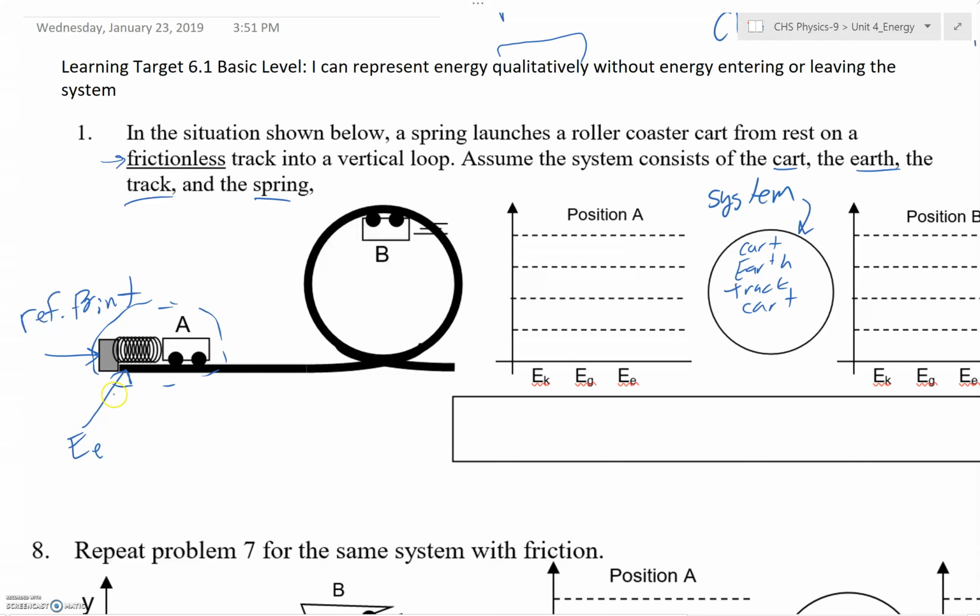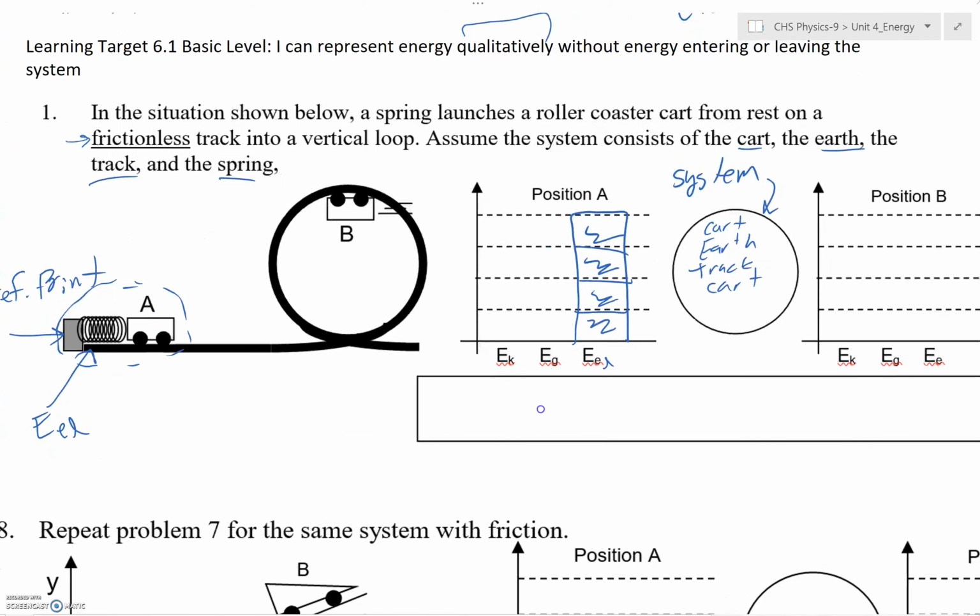So I'm going to give myself 4 bars in the elastic account. We could do 3 or 2, it doesn't really matter, but I like starting off with 4.